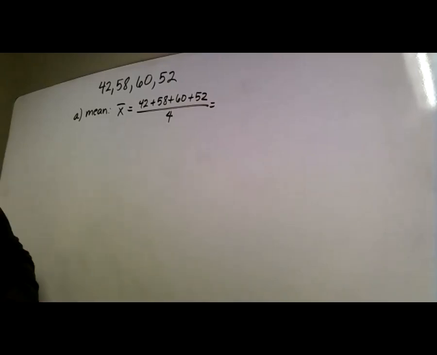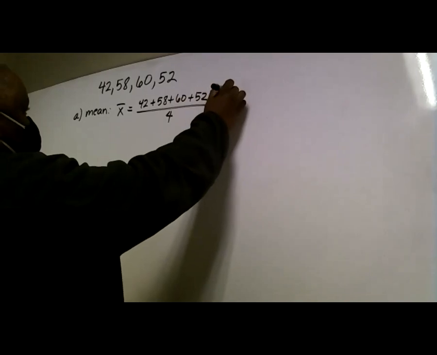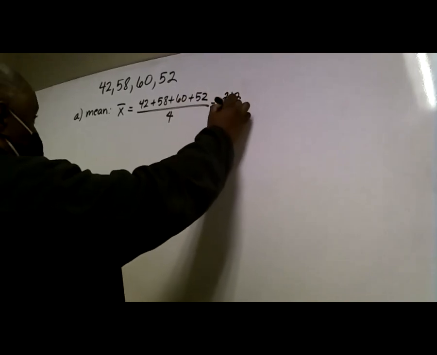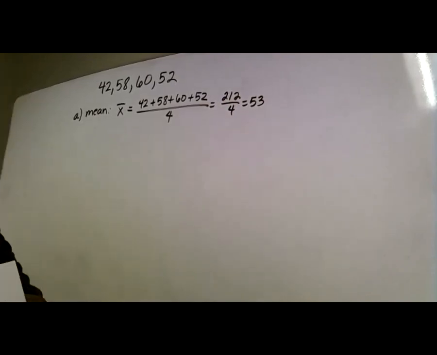That sum will be divided by 4. So this is 212 on top for the numerator. Divide that by 4, you'll get 53. So the mean of that data set is 53.